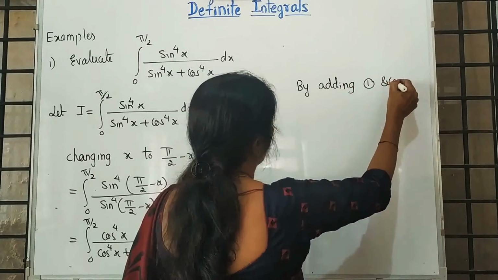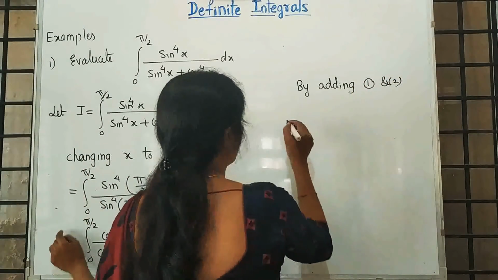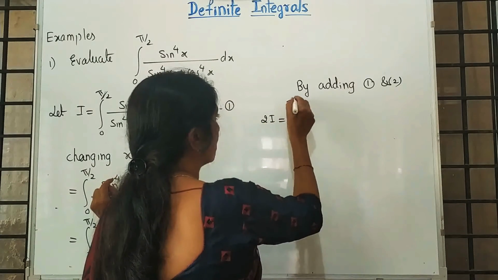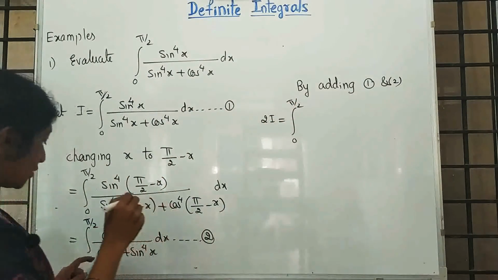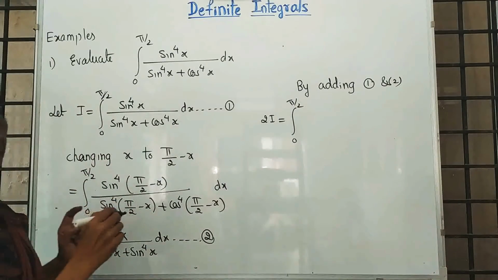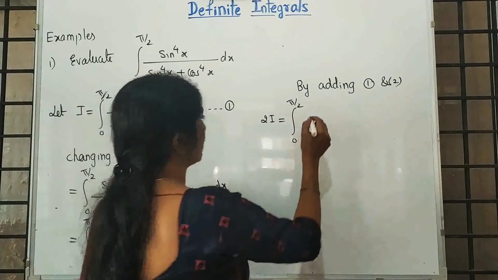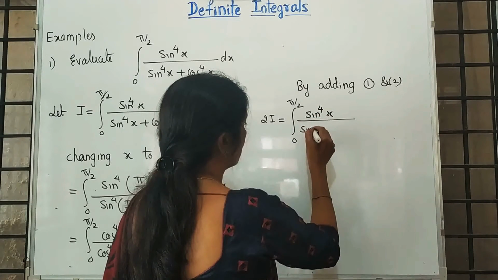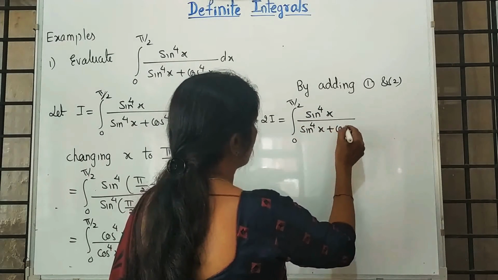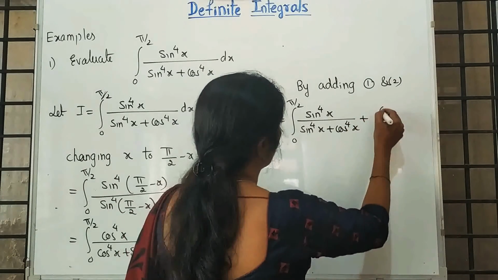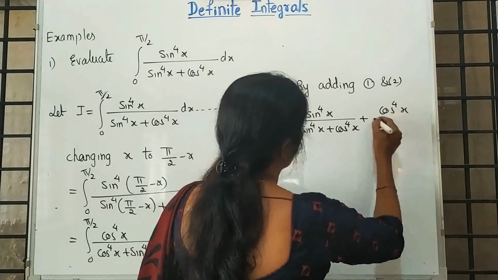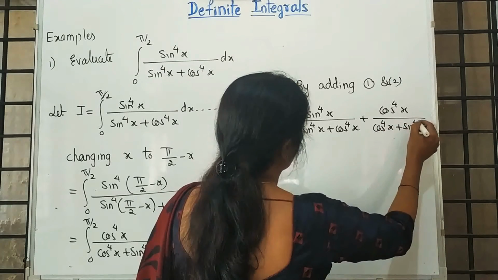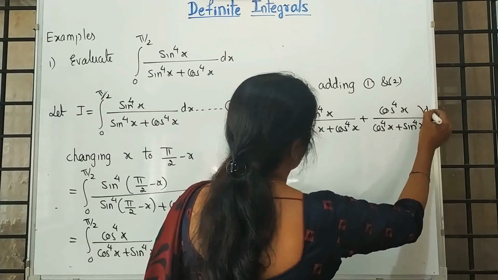By adding 1 and 2, on the left side we have 2I. In both integrations the limits are the same, 0 to pi by 2. We will write one common integration: sin raised to 4 upon sin raised to 4 plus cos raised to 4, plus cos raised to 4 upon cos raised to 4 plus sin raised to 4, into dx.